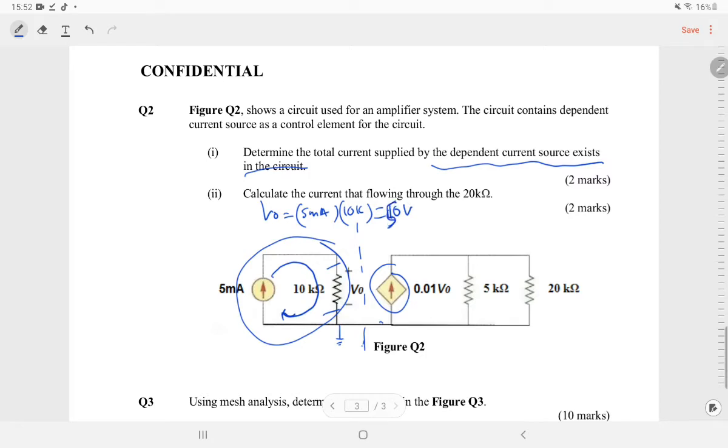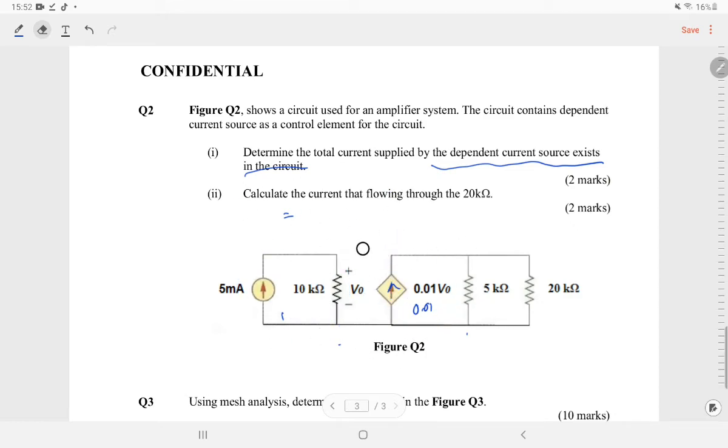Right? So you got the value over here, and then you just put it over here, and you will get the value of current supplied by this dependent source. That means 0.01 times V naught. So therefore the current source will equal to 0.5 ampere. Right? Okay. So next, you want to find the value of current flowing through the 20 kilo ohm.